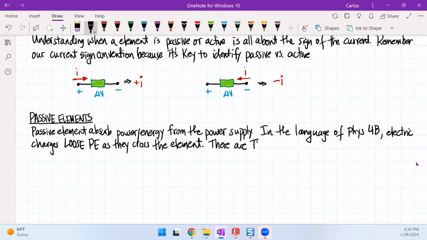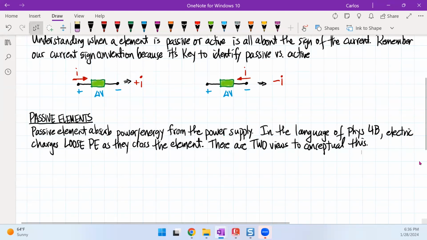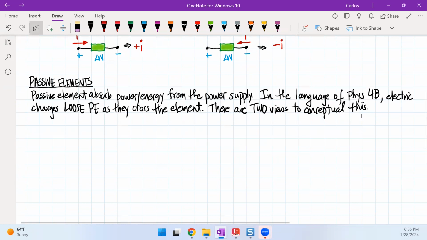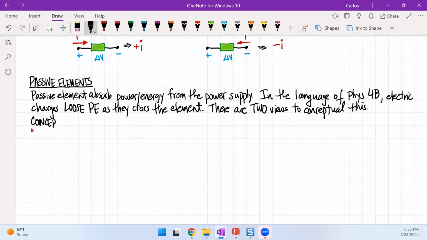There are two views to conceptualize this. So let's look at that. So our conceptual viewpoint looks like this.